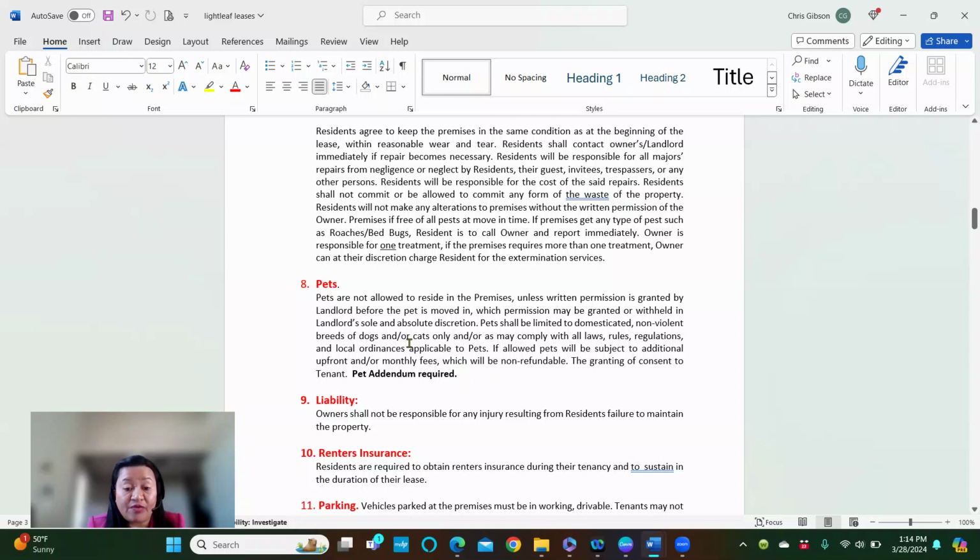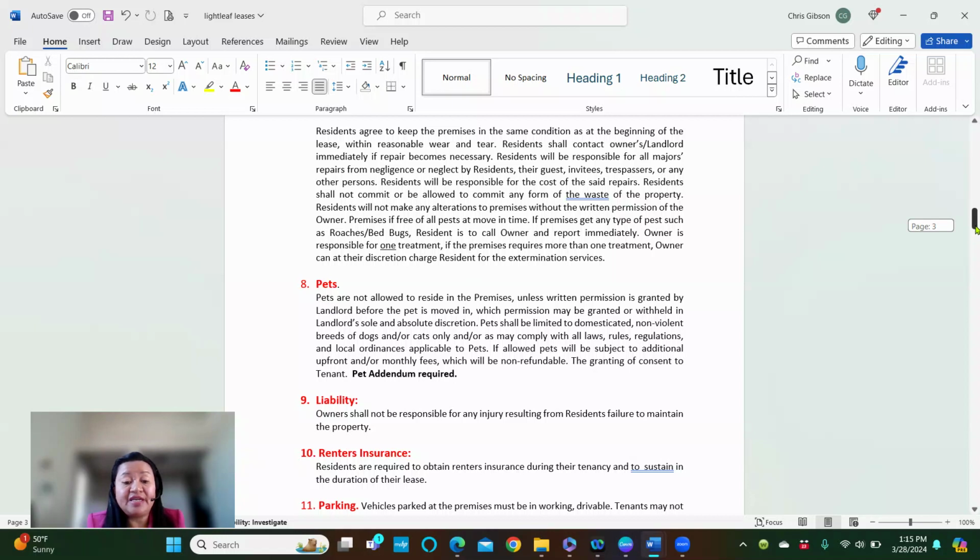We charge non-refundable, and we also charge $30 per pet. We only allow two pets in our rental property. This is very important that you don't miss putting in your lease agreement.